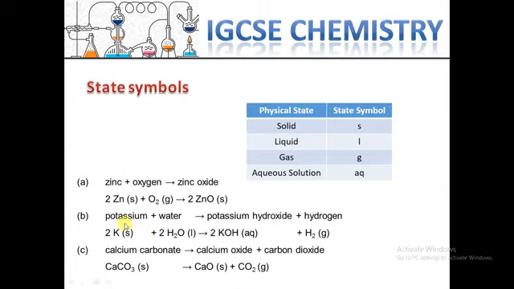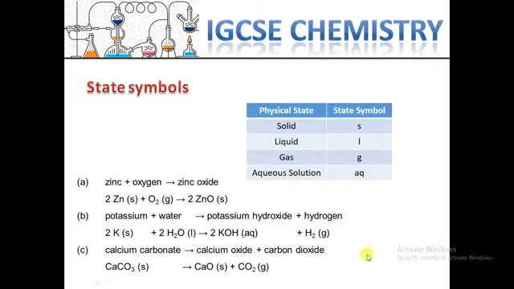For example, water in equation 2, water is L. That means, of course, water is liquid. And AQ, aqueous solution, means the chemical is dissolved in the water. Like potassium hydroxide, KOH, is dissolved in water, so we need to put AQ.